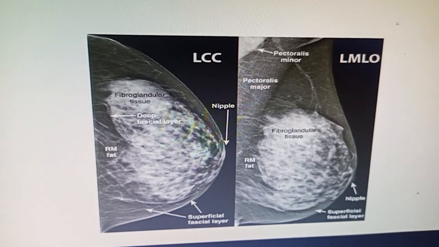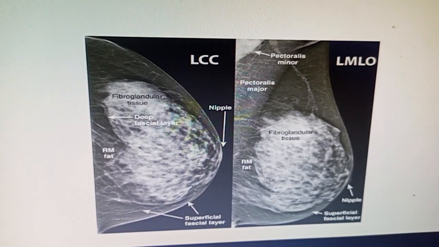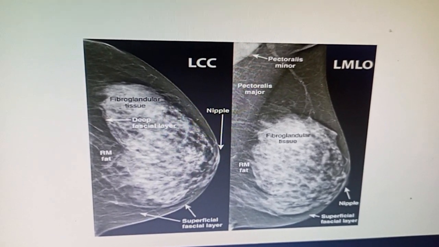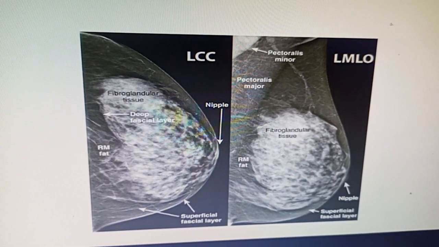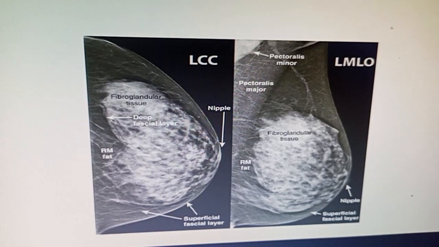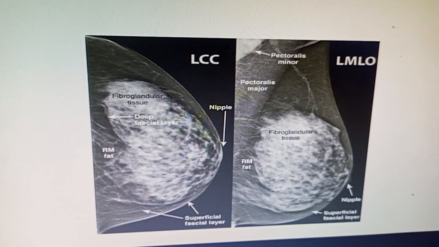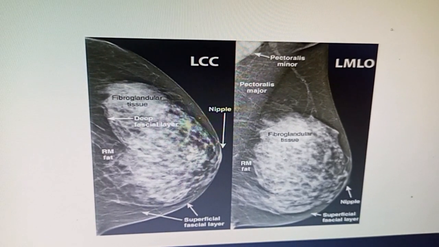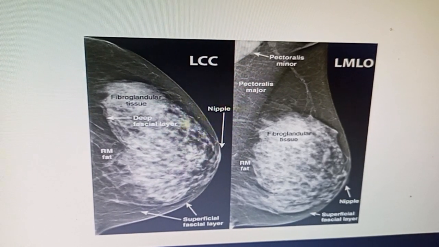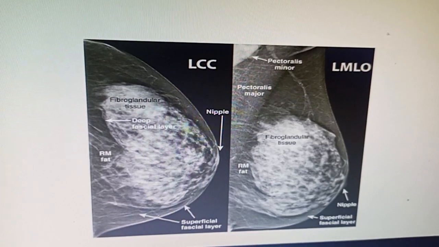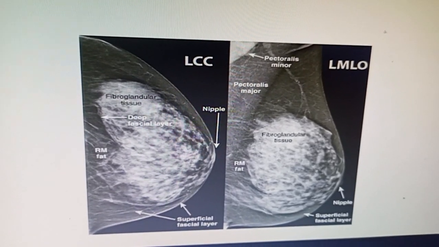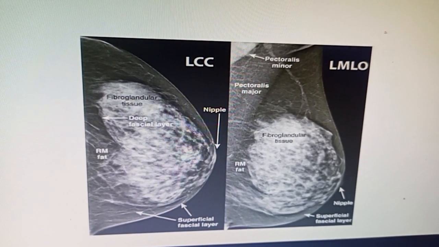Craniocaudal view, which is shown here, is the left craniocaudal view, and the left MLO view, mediolateral oblique view. So, breast is mainly composed of fat and fibroglandular tissue. So, this is the normal mammogram.